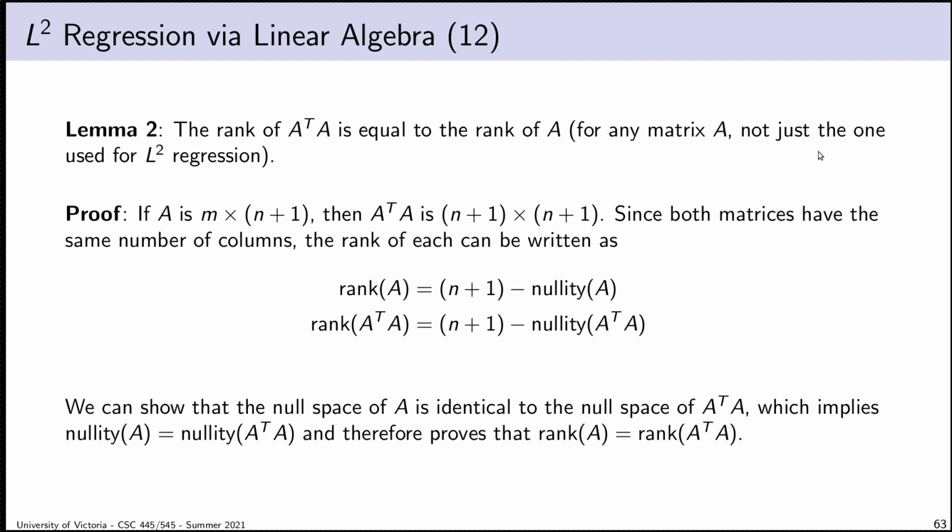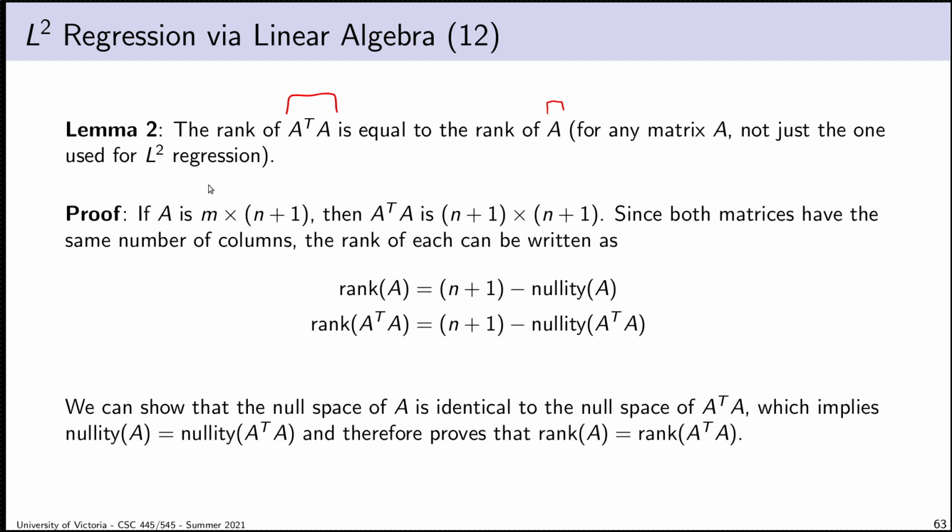The second lemma is that the rank, and this turns out to be true in general, but I only really care about it for this one case, of A transpose A happens to be equal to the rank of A. This is just the general justification, but I don't intend to present a general case. It just turns out that it's easier to do this.